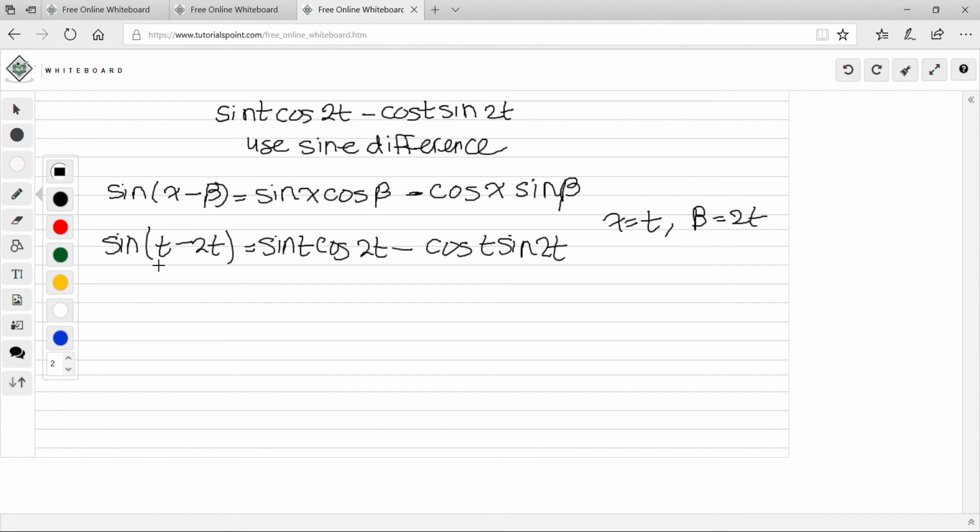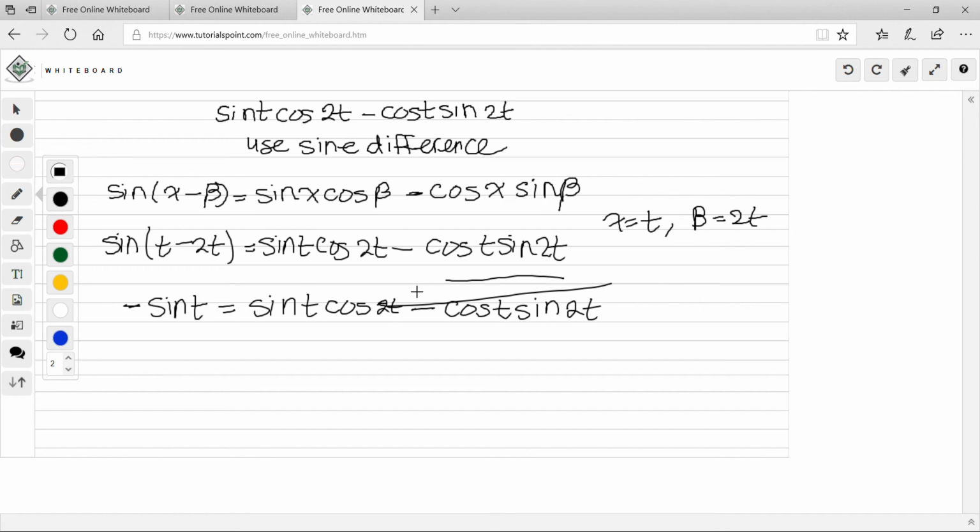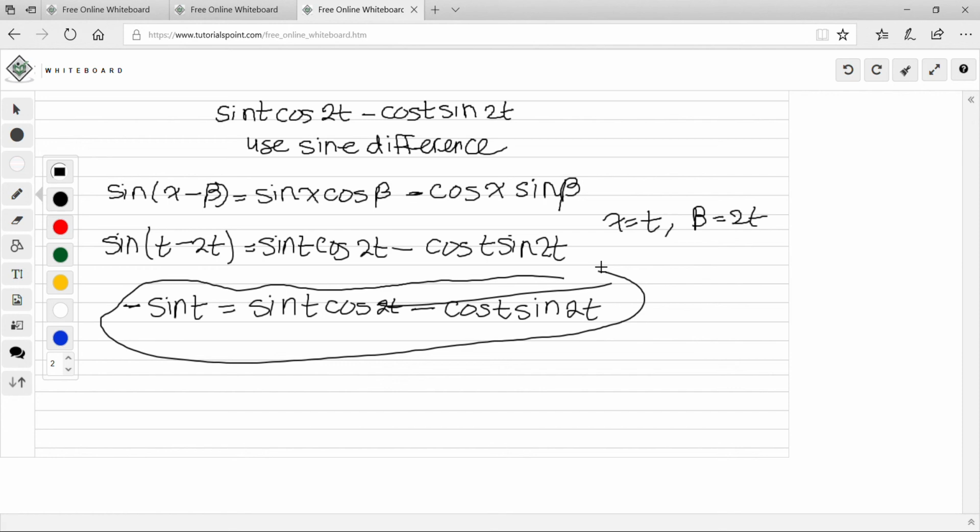So sine of t minus 2t is sine of negative t, or negative sine t. That's your final answer. Okay, that's it for this section.